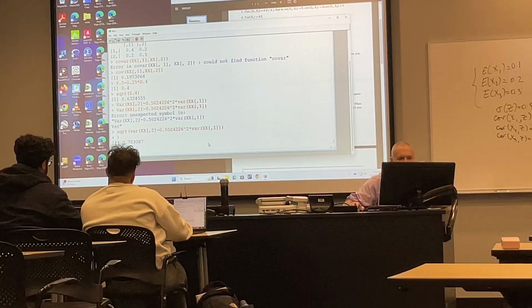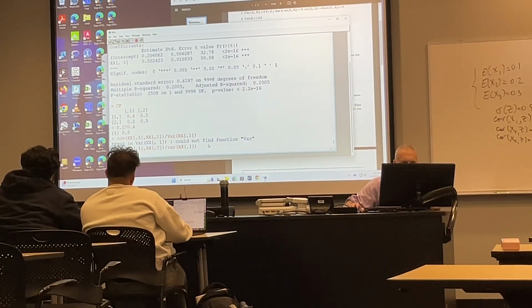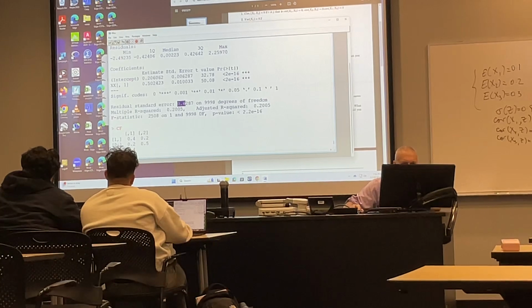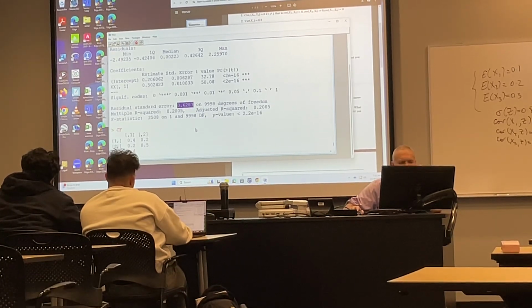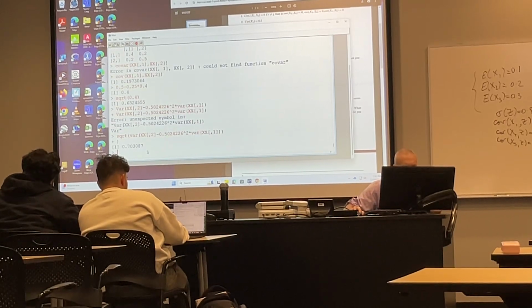Zero point 703807. A little bit different than this, I don't like it. What did I do wrong?